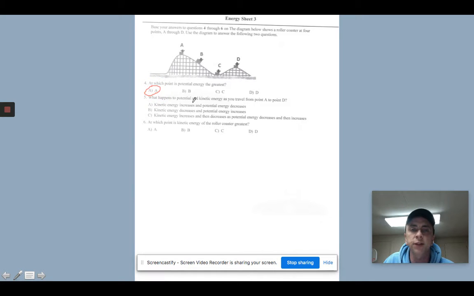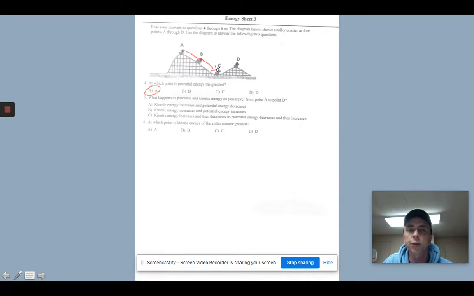And question 5 says, what happens to potential and kinetic energy as you go from A to D? So I'm just going to follow this and let's see. As I go from A to D, now I'm going down. That's going to go fast, right? So kinetic energy is going to increase. And then I'm going to hit that low point here, kind of stop for a second.